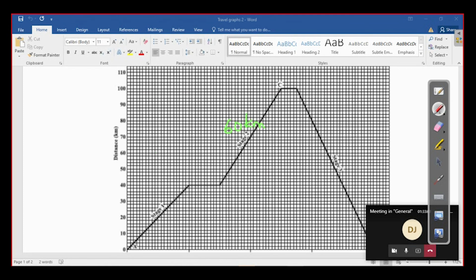So we're going to calculate the speed of the vehicle during stage 1 and stage 3 and try to keep it also with the same units, kilometers per hour, to make your life a little bit easier. So I want you all to calculate for me the stage 1 speed and the stage 3 speed, and tell me what you all get. For the people who didn't get the chance to do it, you have the opportunity now. Work it out, see what you get for the speed during stage 1 and stage 3.